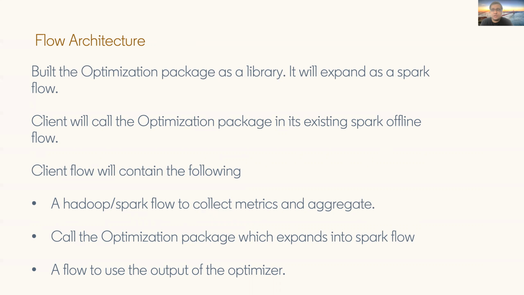The second flow is really the optimization package, where the client product is statically linking with this optimization package, and what it will resolve into is a Spark flow, which will basically be a call to this library. And the third flow is basically going to use the output of this optimization package and use it in the serving system.